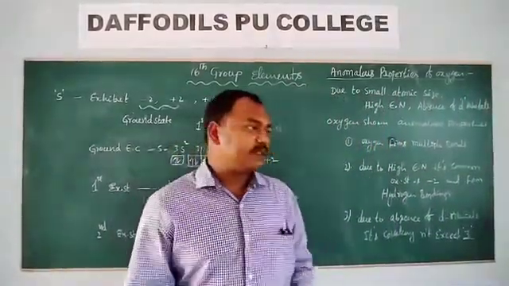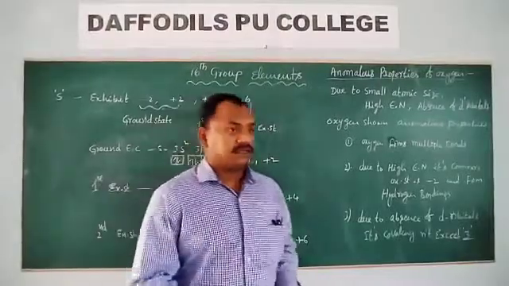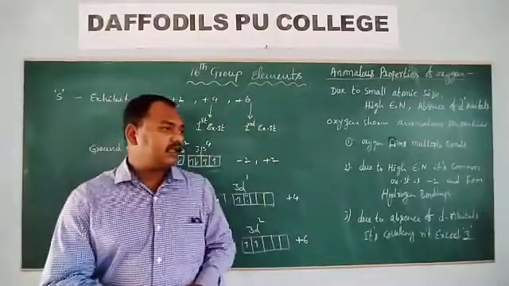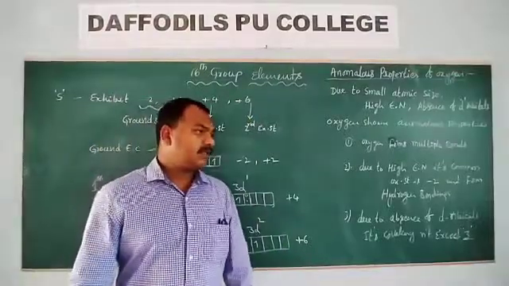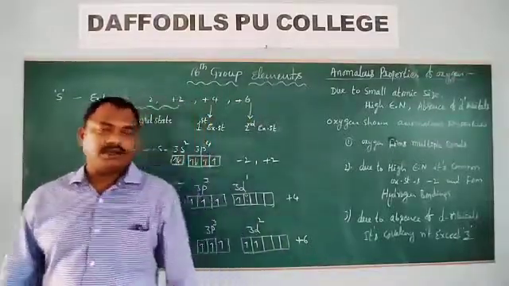In the case of SF6, the covalency of sulfur is 6, but oxygen covalency never exceeds 3 because of absence of d orbitals.